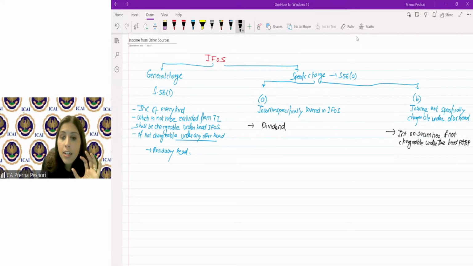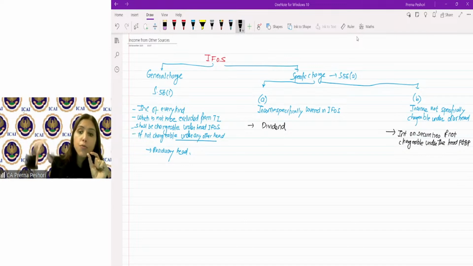So, in the Tuticorin Alkali case, what was held by the Supreme Court? That the interest earned on the surplus funds from the borrowed funds, which was towards the setting up of a factory before the commencement of the business, is income from other sources, and that will not be reduced from the cost of the capital asset or the amount to be capitalized. That is not a capital receipt.